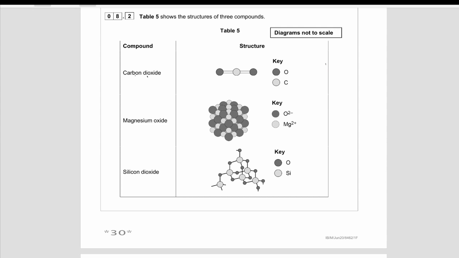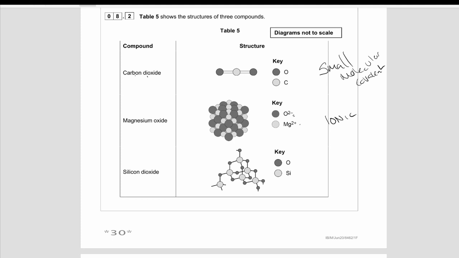So carbon dioxide is small molecular covalent. And we know that magnesium oxide is going to be a metal and a non-metal, and we can also see there's ions involved here, so it's going to be ionic.